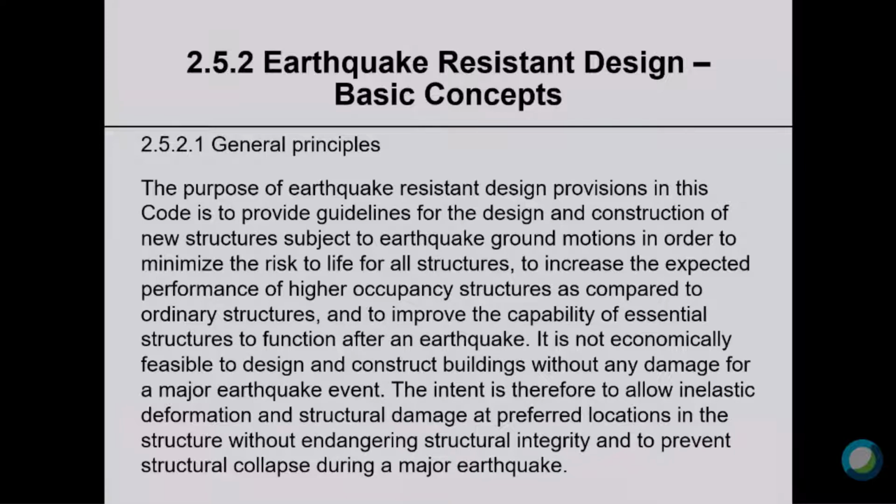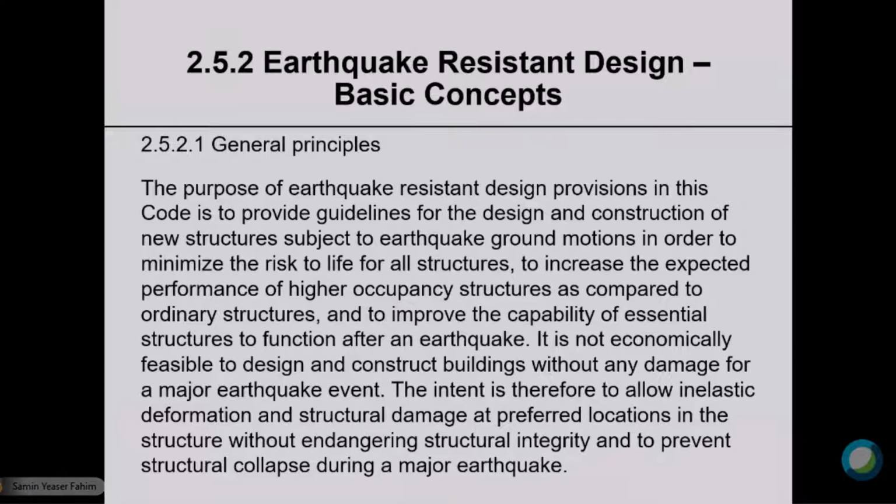So to increase the expected performance of higher occupancy structures as compared to ordinary structures, and to improve the capability and availability of essential facilities to function after an earthquake. This is another very, very important thing. So, three things are being said. We want essentially life safety in our structures. That is objective number one.